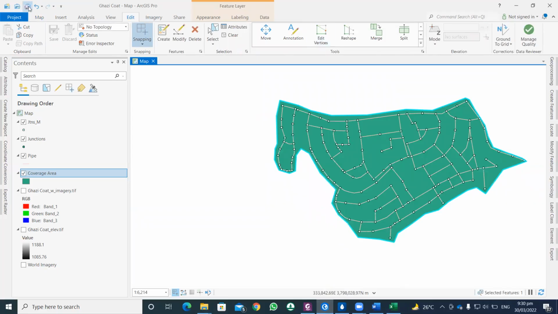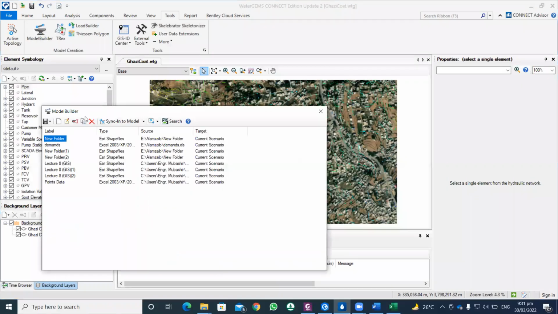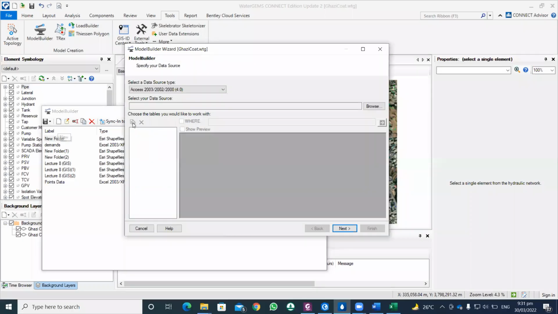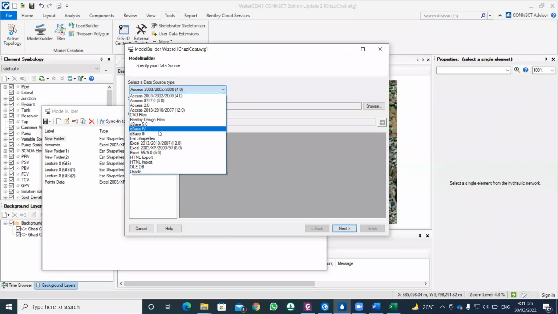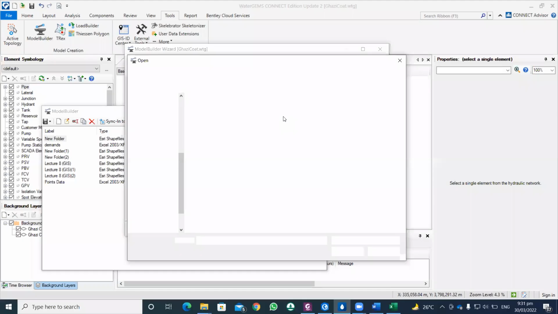Okay. Now the next step is to import this model into WaterGEMS. I will import it by using Model Builder. I will create a new case study using a shapefile. Select a data source.